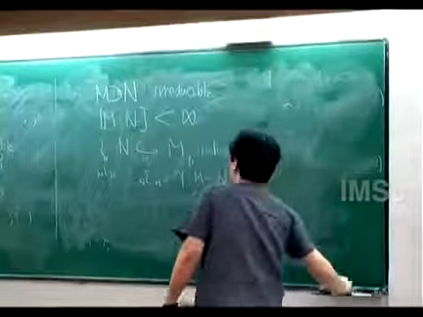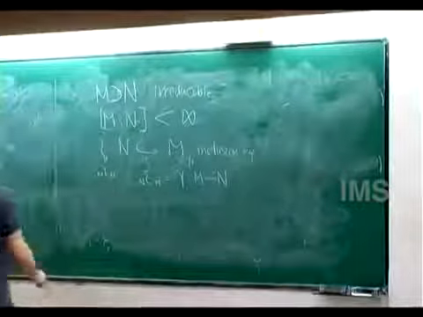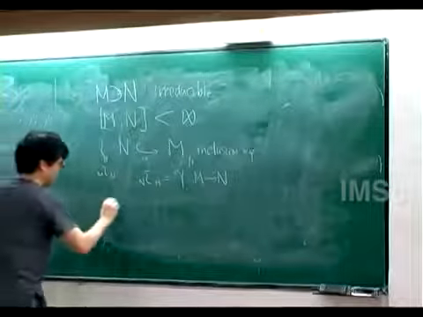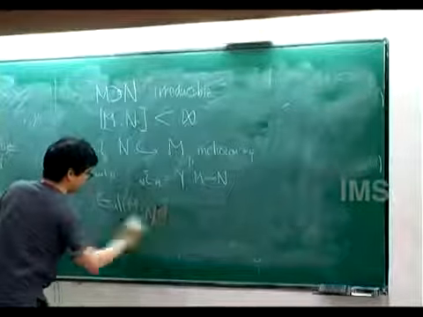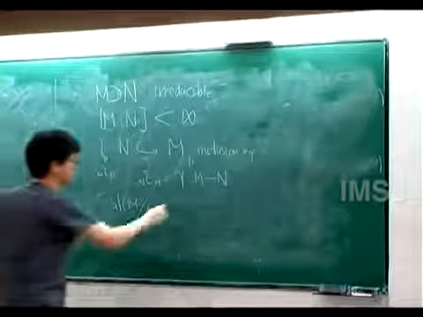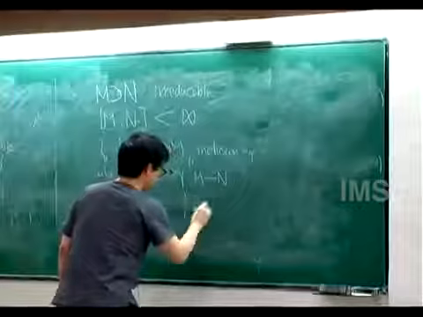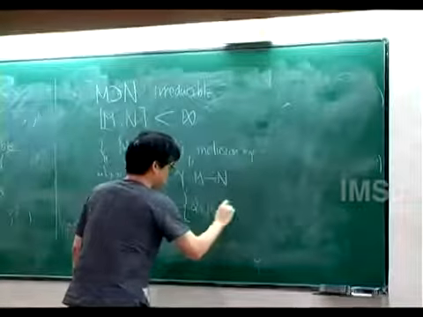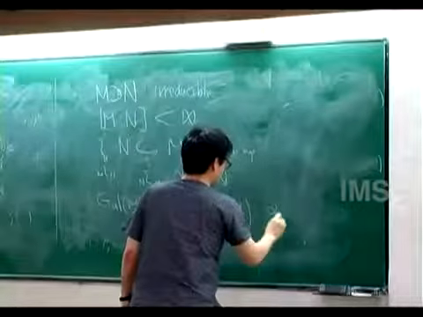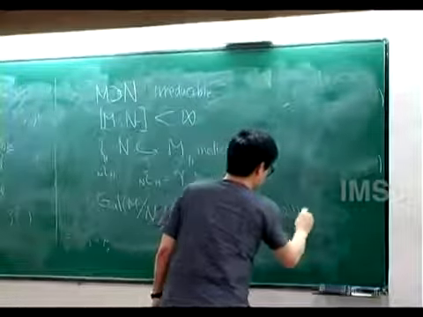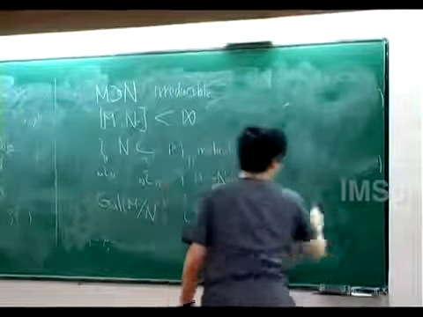Now let's consider the Galois group of M and N. By definition, this is the set of automorphisms of M which leaves every element of N invariant.